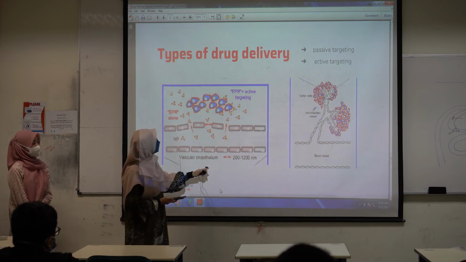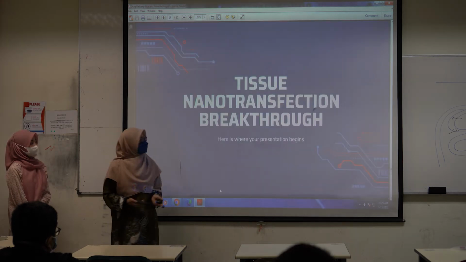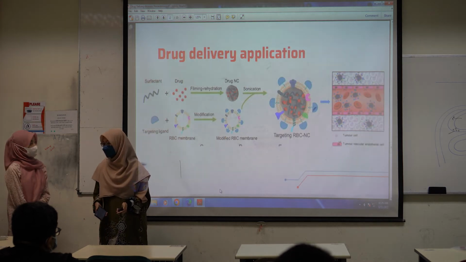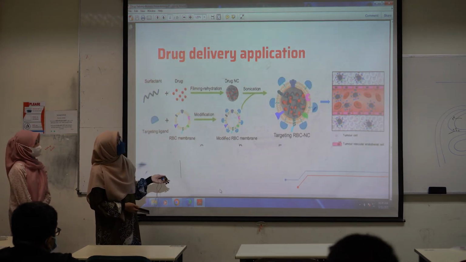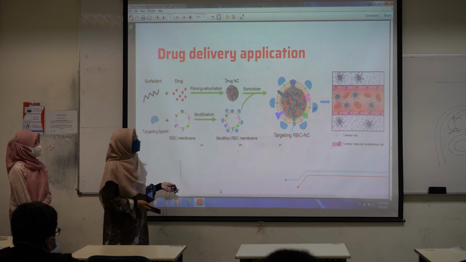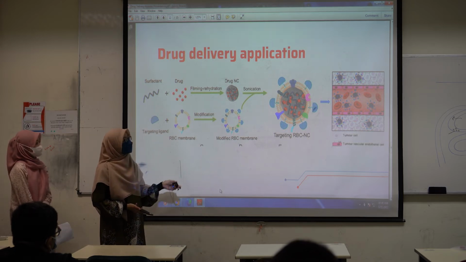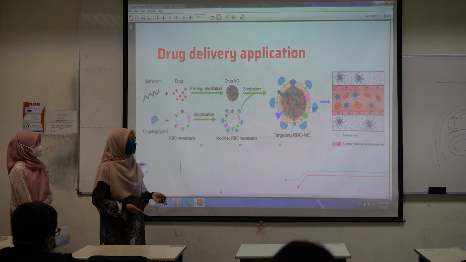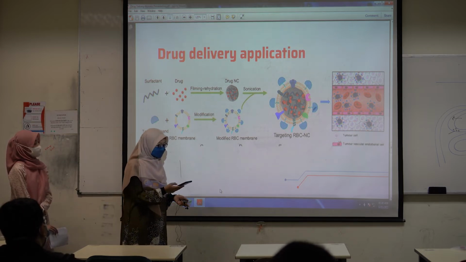Hope you can understand. So back to the previous slide. This case is active targeting drug delivery because it has ligands. For Azim's part, in my understanding, it is passive drug delivery because it has no ligands.